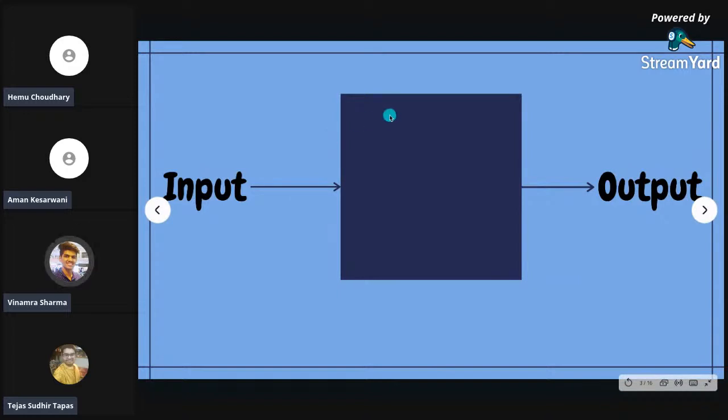For now, let's not talk about this whole box, because this is where computer science really begins and really ends. After the input is given, certain things take place, and then the output happens.